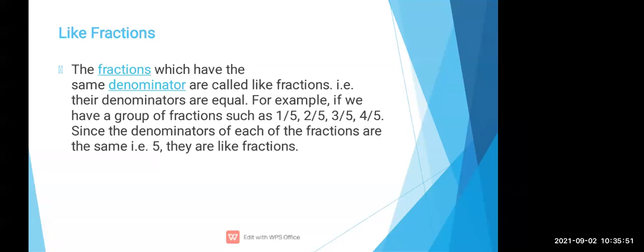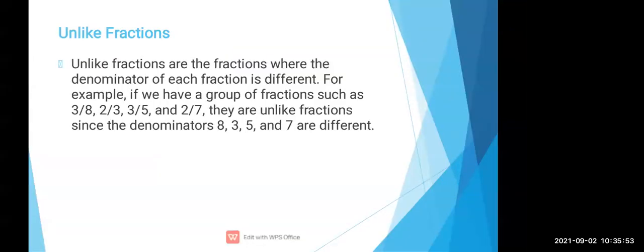Okay, now the second slide, you have to write down what is unlike fraction. 1 minute only, okay?